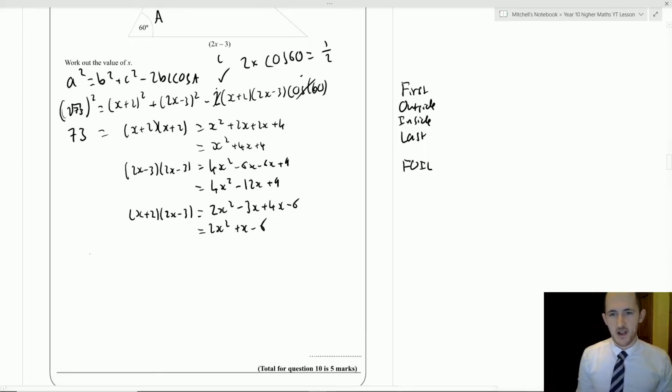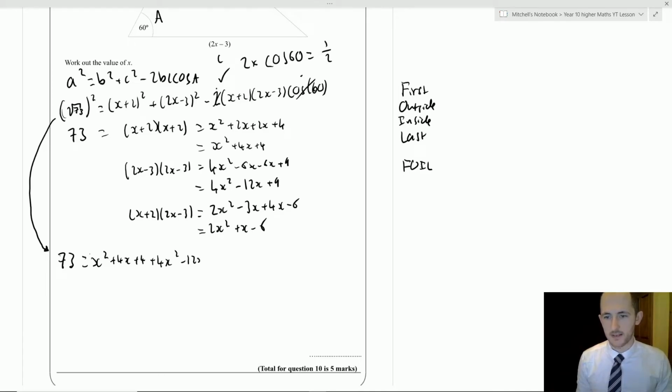So, if I write the whole expression out now, after I've expanded and simplified everything, I have 73 on the left-hand side equals x plus 2 squared, which we said was x squared plus 4x plus 4. 2x minus 3 squared gives me 4x squared minus 12x plus 9.